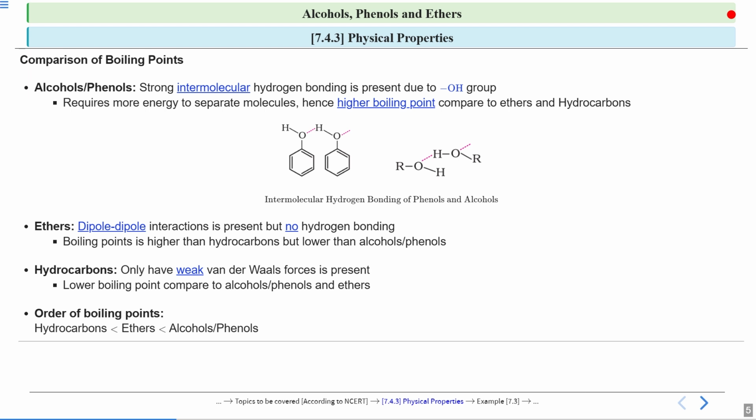So if you have to provide less energy, the boiling point will be less. Now, if I talk about hydrocarbons, you know that there are weak van der Waals forces. So if the van der Waals forces are weak, it will have a lower boiling point compared to alcohols, phenols and ethers. So this is the order of boiling point.